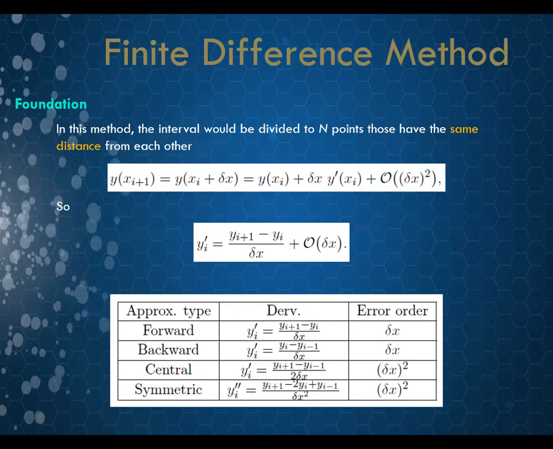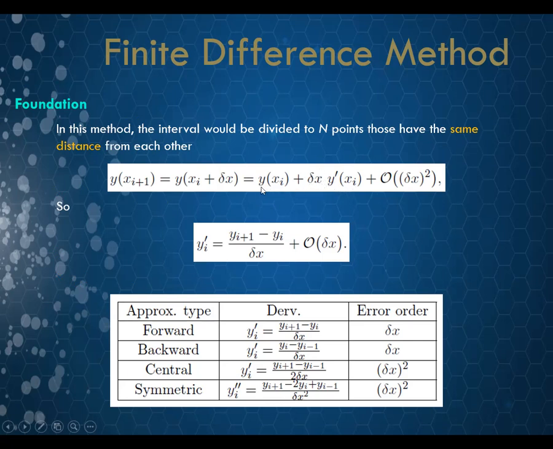Okay, let me start with the solution of the differential equation with the finite difference method. The finite difference method is based on the Taylor expansion of the dependent variable, as you see here. The value of y at the (i+1)th grid point is equal to the value of the dependent variable at the ith point plus delta x times the first derivative at the ith point.